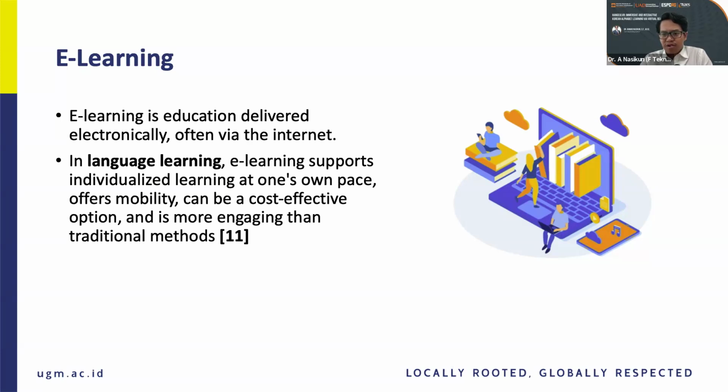If they want to learn fast, they can learn quickly. But if they don't have that much time, they can take their time and adjust their timing to learn that particular subject. It's also indicated by previous studies that e-learning is generally more cost-effective and more engaging than the traditional approach.